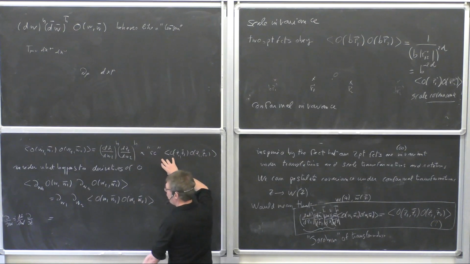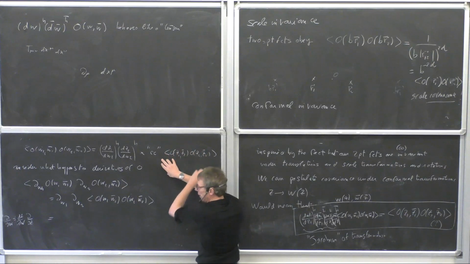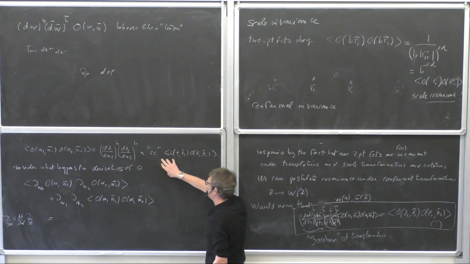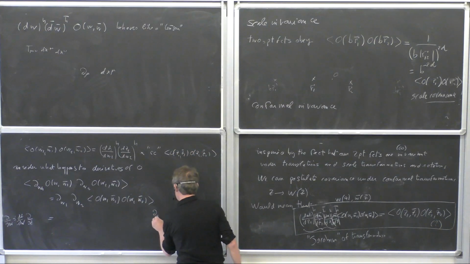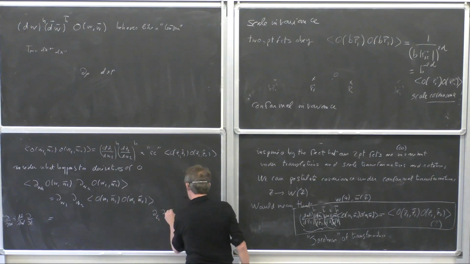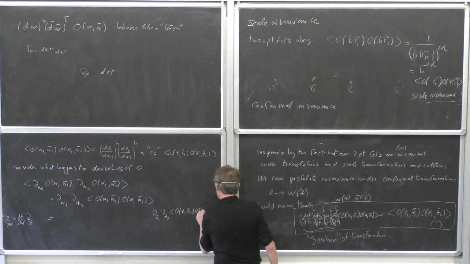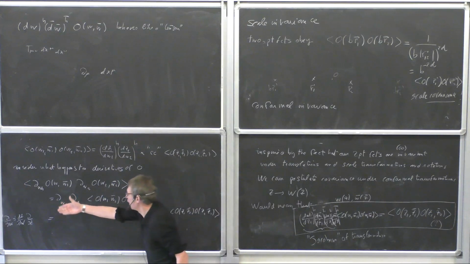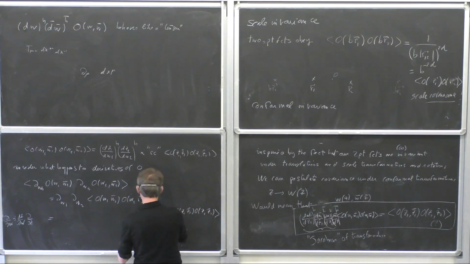I have the terms where I calculate the dz's of these, and because d over dw is dz over dw, d over dz, when I calculate the dz's of dz1, dz2, O of z1, z1 bar, O of z2, z2 bar, I spit out a dz1 over dw1 and a dz2 over dw2.